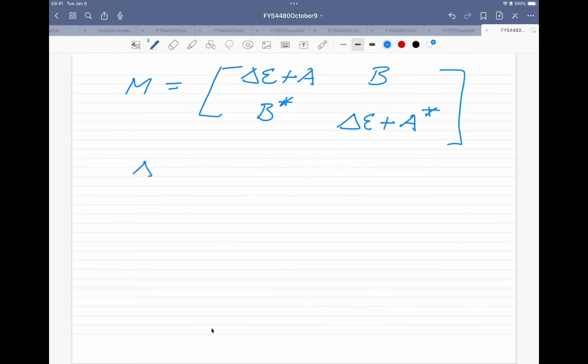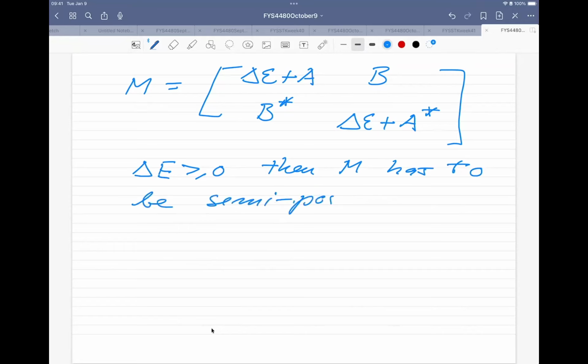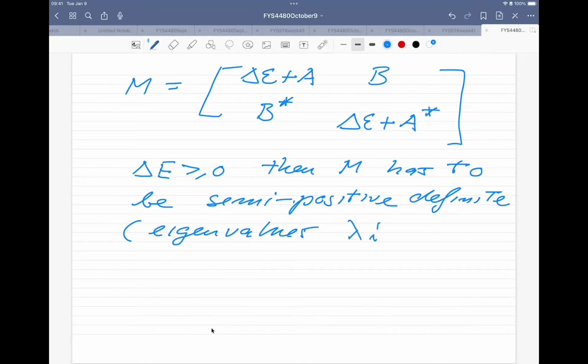And then you see that in order for delta E to be larger or equal to 0, M has to be what we call semi-positive definite, which means that all the eigenvalues lambda_i of the matrix have to be larger or equal to 0.